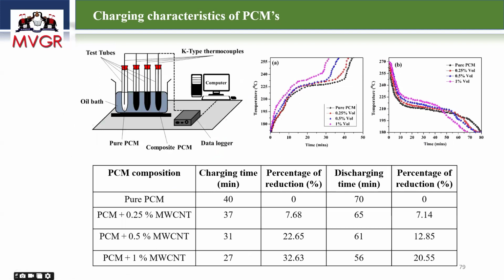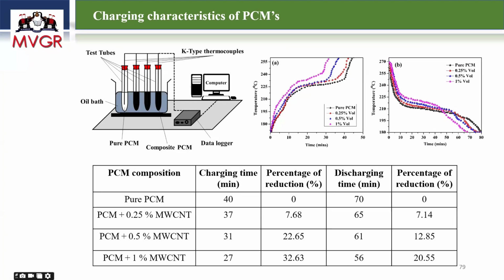And this is one kind of test, where you are adding the nanoparticles, and checking how quickly it is charging and how quickly it is discharging. What is the use of adding these nanoparticles? To improve the thermal conductivity. Why do we need to increase the thermal conductivity?